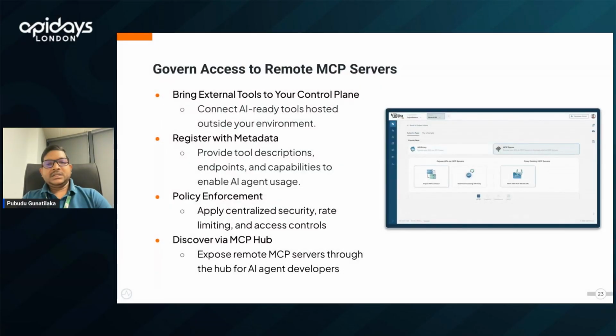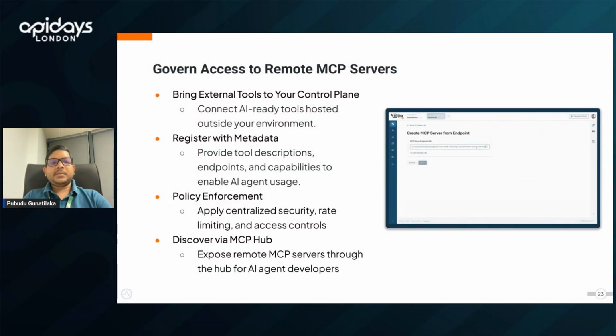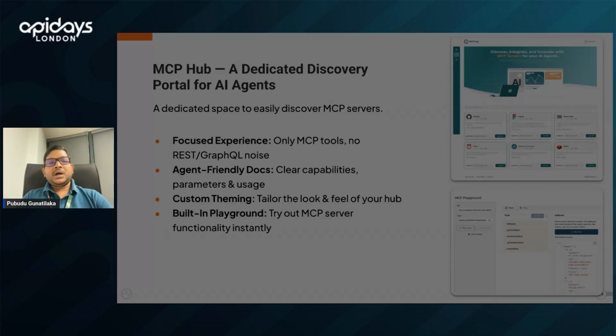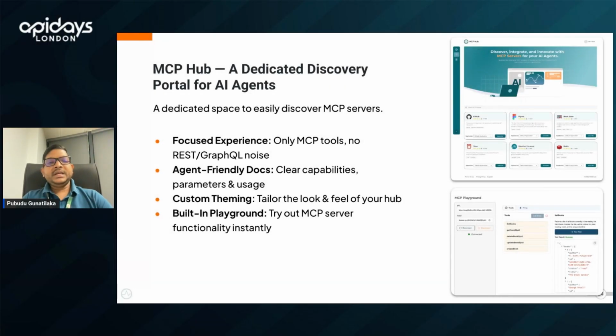The other part is, let's say you have a remote MCP service. You can bring it to an API management platform where you can enrich it further and do some policy enforcement. Once you are done with that, you can push it to an MCP hub. The MCP hub is a dedicated discovery portal for AI agents.